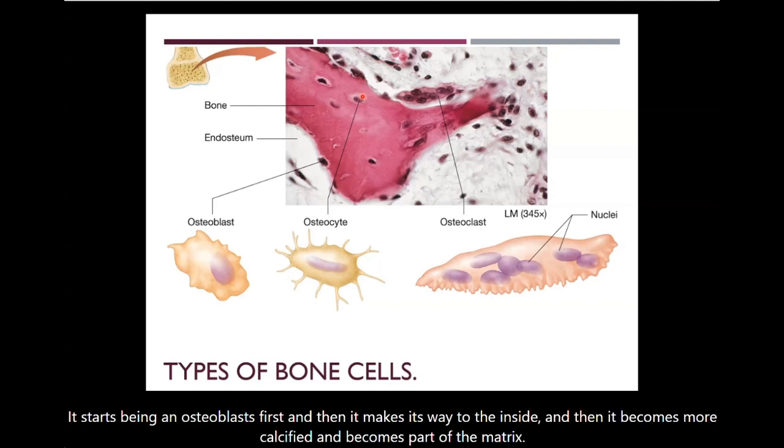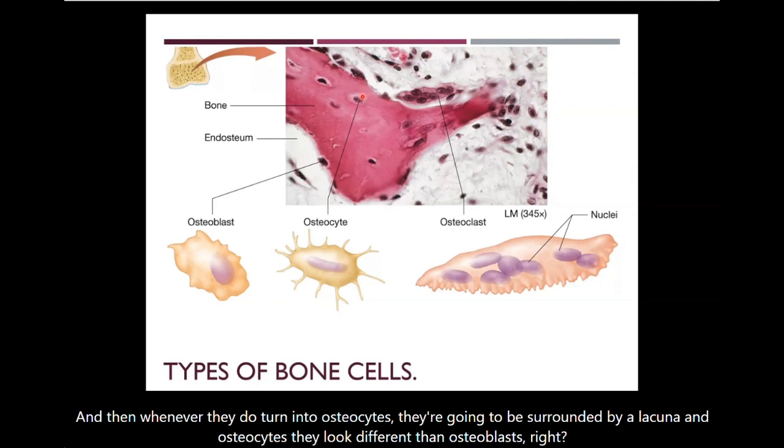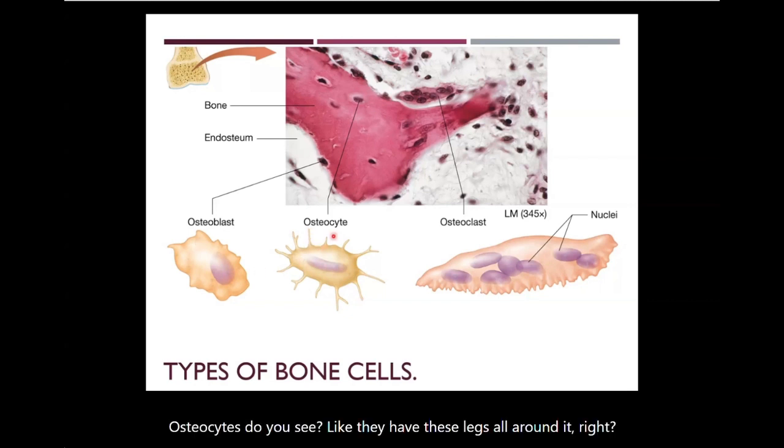It starts as an osteoblast first, and then it makes its way to the inside, becomes more calcified and becomes part of the matrix. Osteoblasts turn into osteocytes. And whenever they do turn into osteocytes, they're going to be surrounded by a lacuna. And osteocytes look different than osteoblasts, right? Do you see they have these legs all around them, like spider legs or any insect legs?